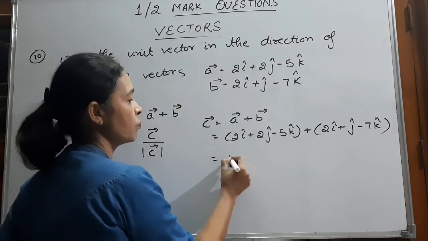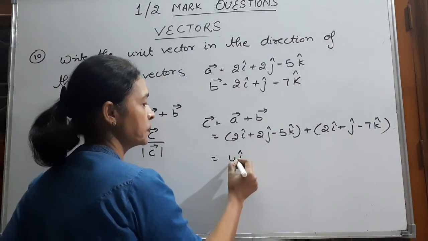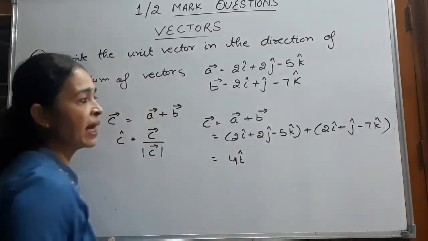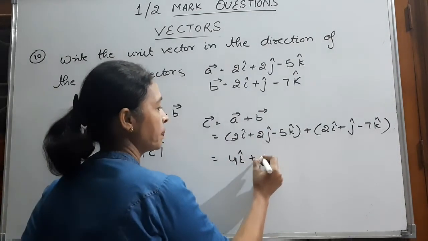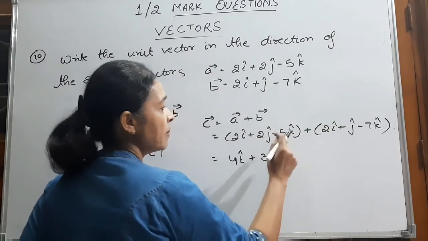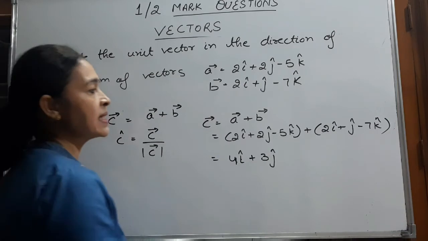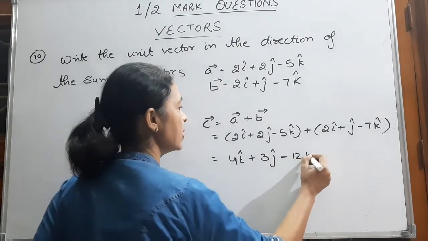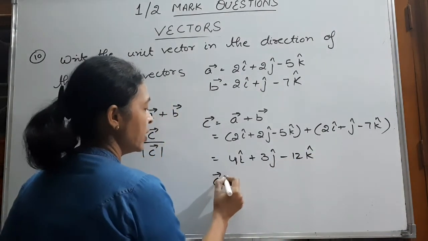2i cap plus 2i cap, 4i cap. Plus 2j cap plus j cap, 3j cap. Minus 5k cap and minus 7k cap, minus 12k cap.